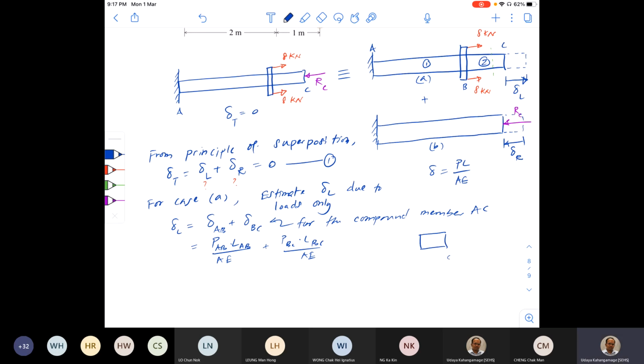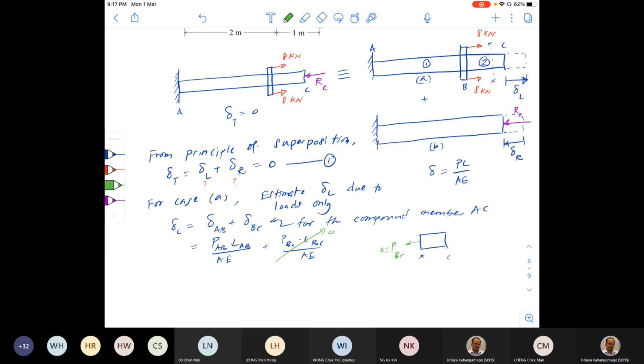This is C and this one is X. And this is the PBC here. So are there any external loads on BC? No, right? So this directly tells me that PBC is equal to 0. So that means this part is actually 0. So there's no elongation for the BC part.